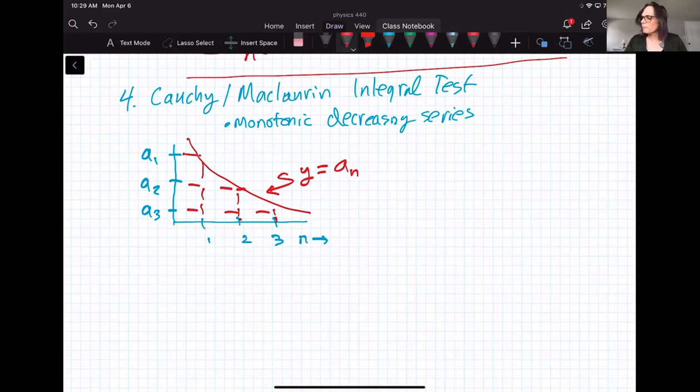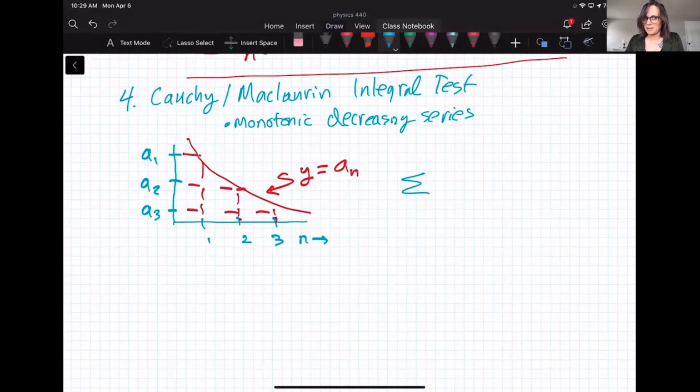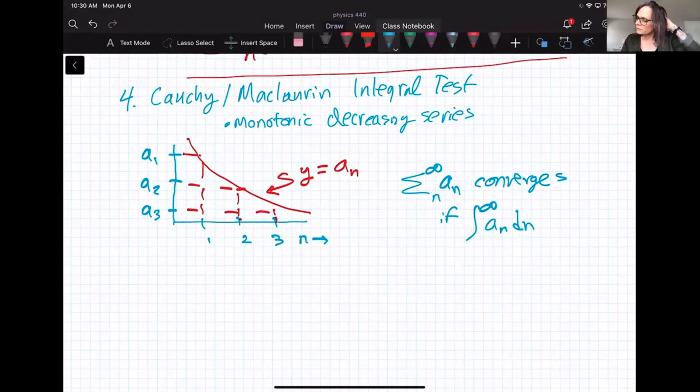And so the idea behind this then is the series from n to infinity of a sub n converges if the integral to infinity of a sub n dn is finite. And what's important here is just evaluating it at the upper limit. I think your book evaluates it from 1 to infinity, but that's not actually important. What's important is what is the value of the integral at infinity.